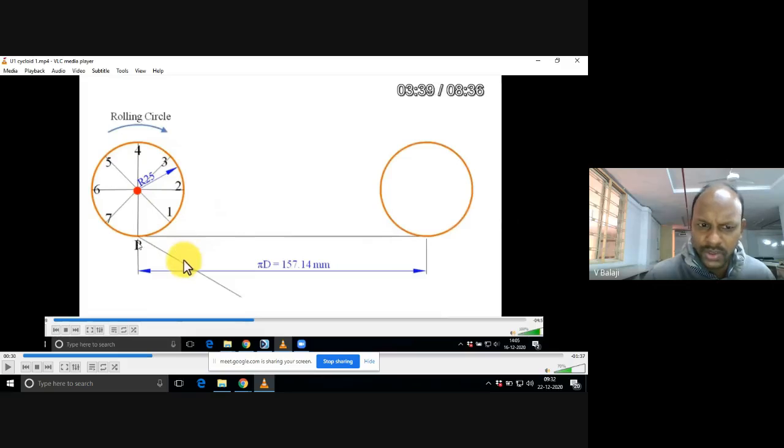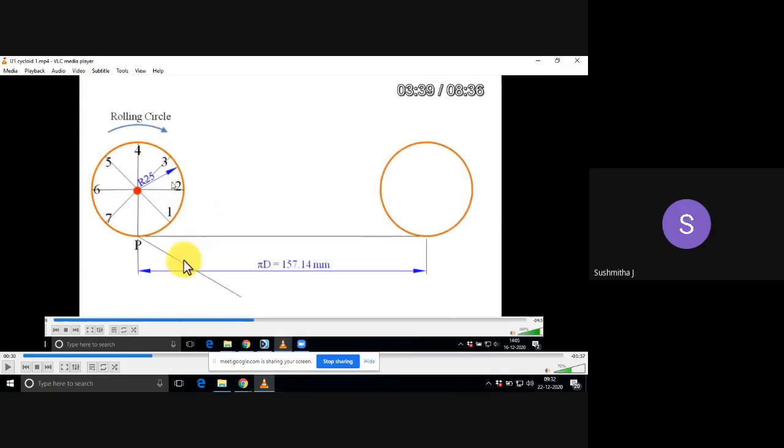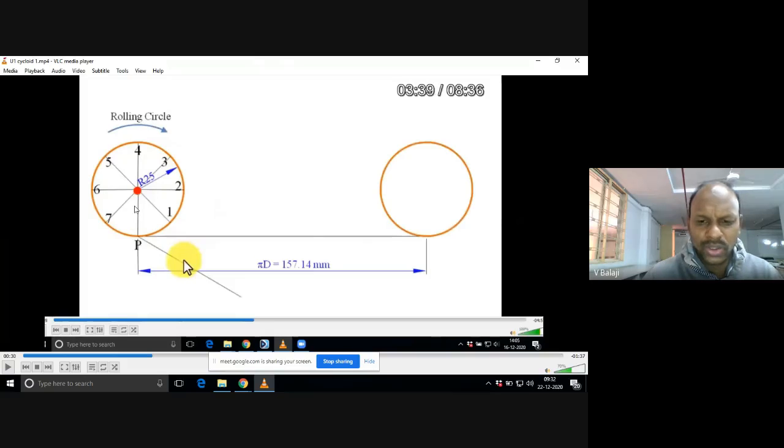Now, can you do this work? Can you draw one circle and divide it into n number of equal parts? How many parts have I made? 8, or you can do 12 parts also. Better you take more parts so that you get many generating points to draw the curve.